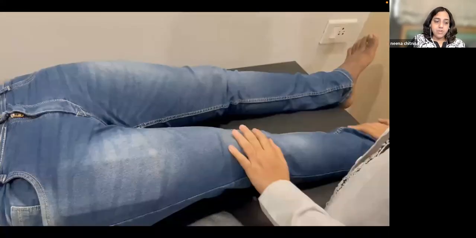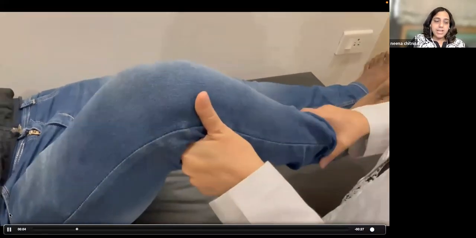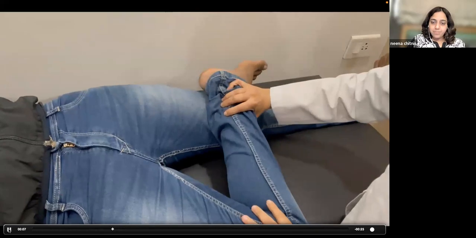After the knee joint, let us go on to the hip joint. In the hip joint, you do a flexion, an abduction, and an external rotation in a figure of 4. Doing this, now we will force an extended external rotation. So press the knee.